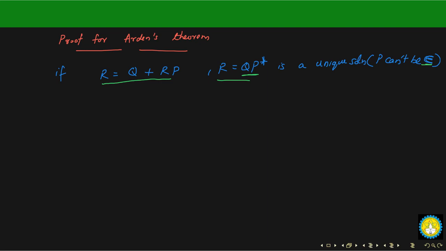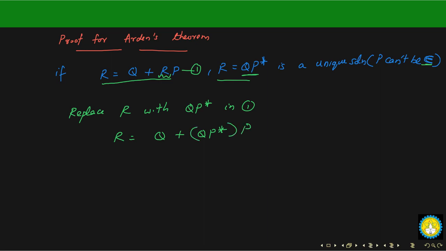So we can do that. I'm going to replace R with QP star in equation 1. If I do that, I will get R equal to Q plus, so instead of R I am putting back QP star, into P. This is what I get.